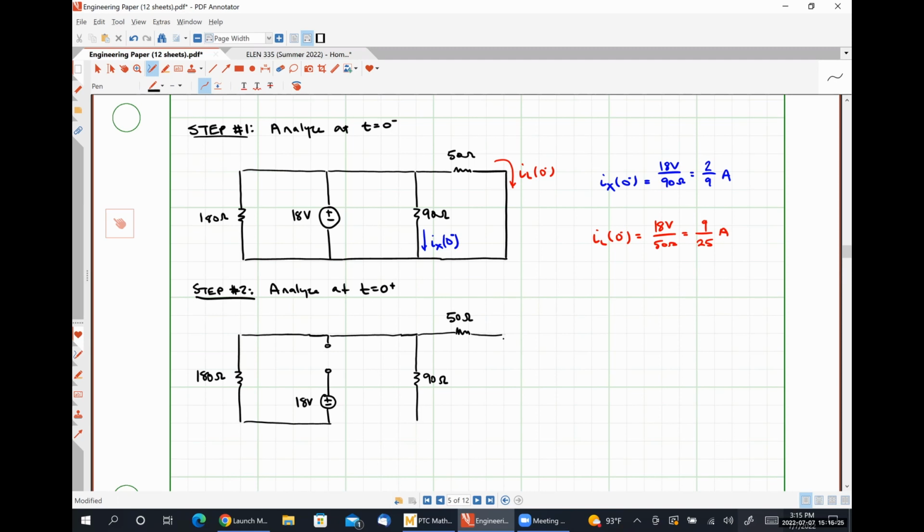Much like I did in the previous example, I'm going to replace my inductor with a current source having the same direction as IL at 0 minus and the same value as IL at 0 minus, which I believe was 2/9 of an amp.